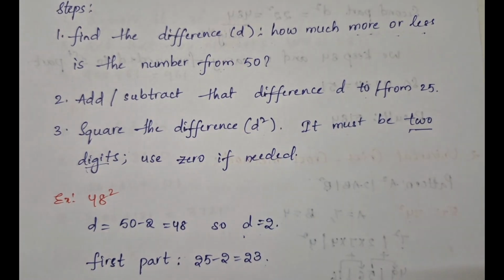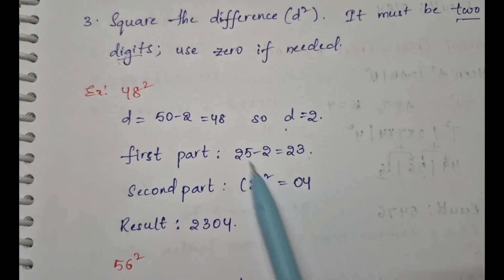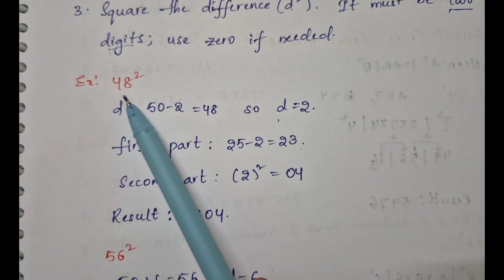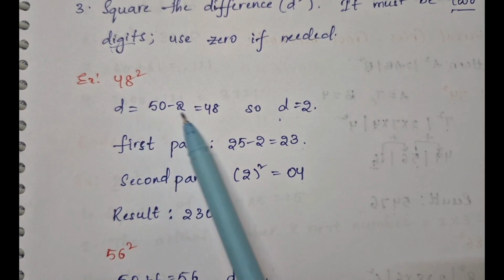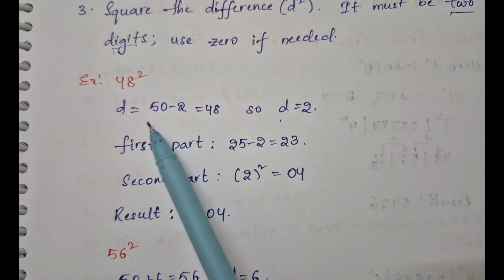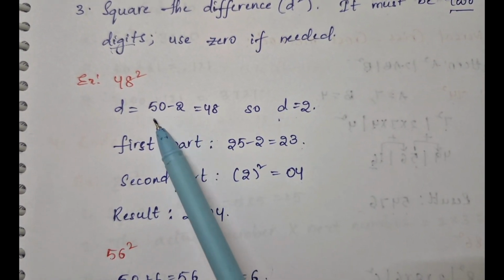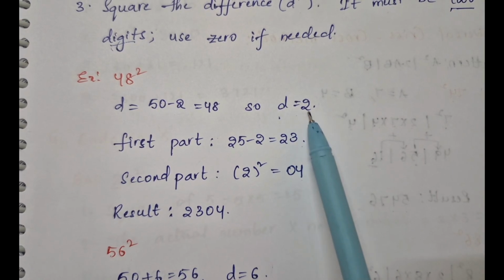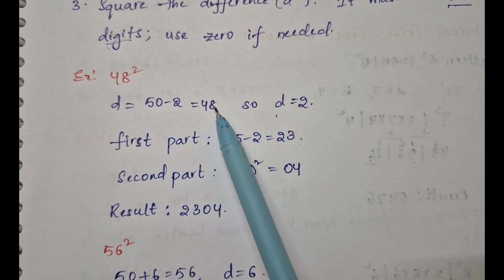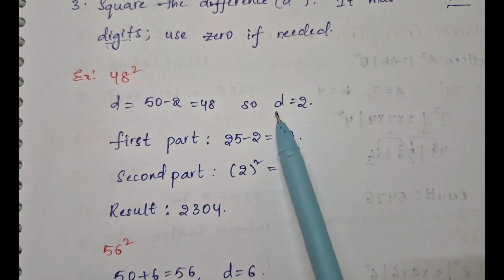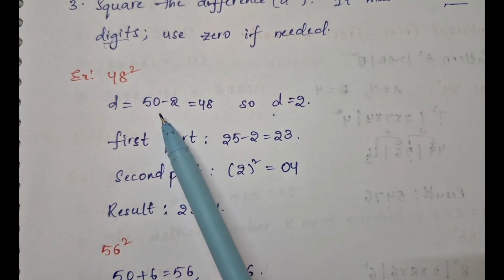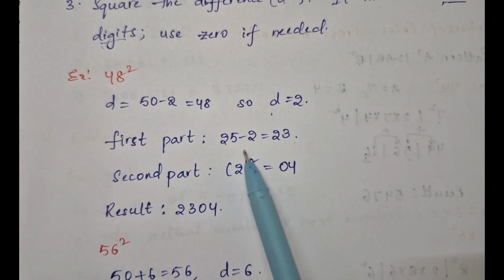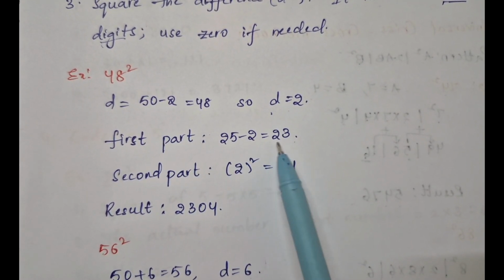Let me take one example here, 48 square. How much is 48 less than 50? 2, right? So here we are subtracting 2 from 50 to get 48. So to get the first part, we subtract the 2 from 25 also. 25 minus 2 is 23.